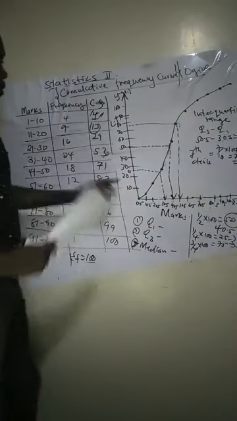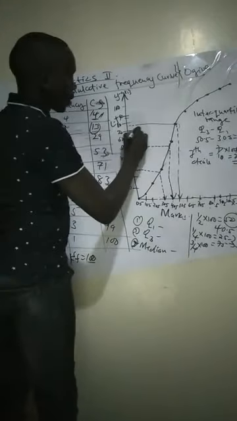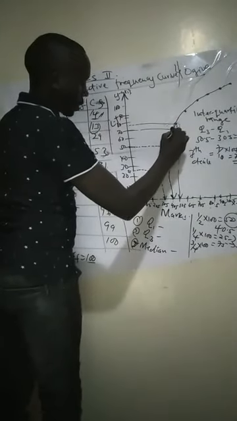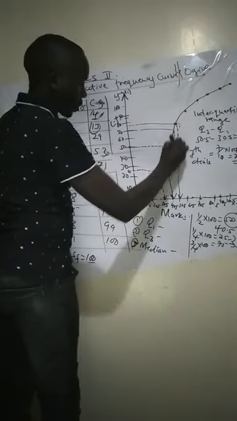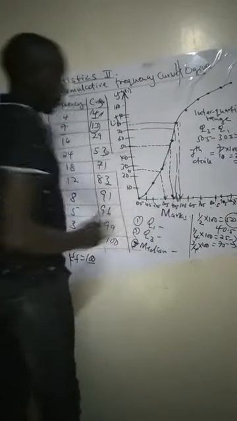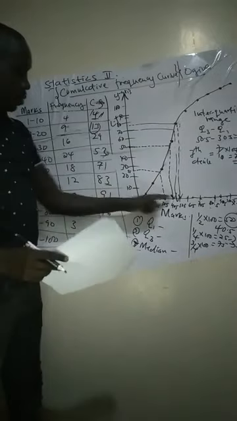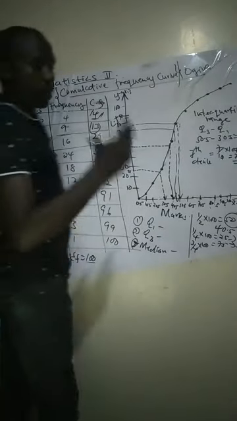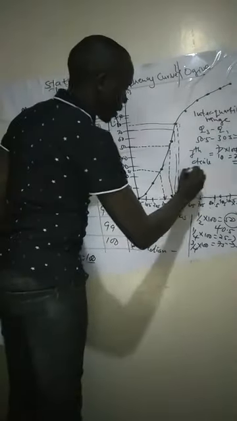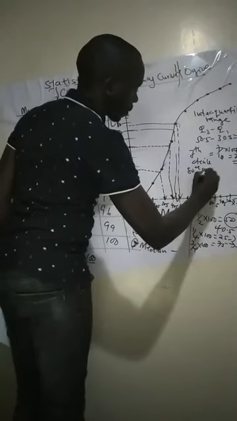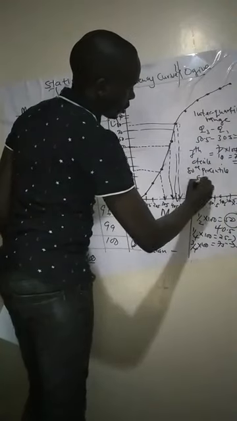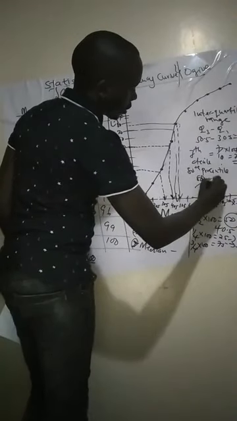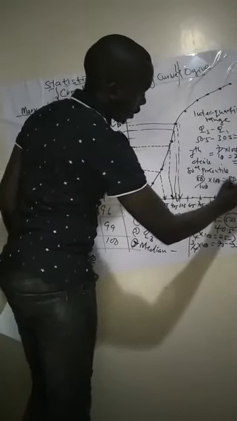So again, cumulative frequency curve, find 70, it's here. Move along that line until you meet the curve. Then down along that line, you read the value here. As you draw on a graph paper, you should be able to read that. Again, percentile, 80th percentile: 80 over 100 times 100, you get 80.